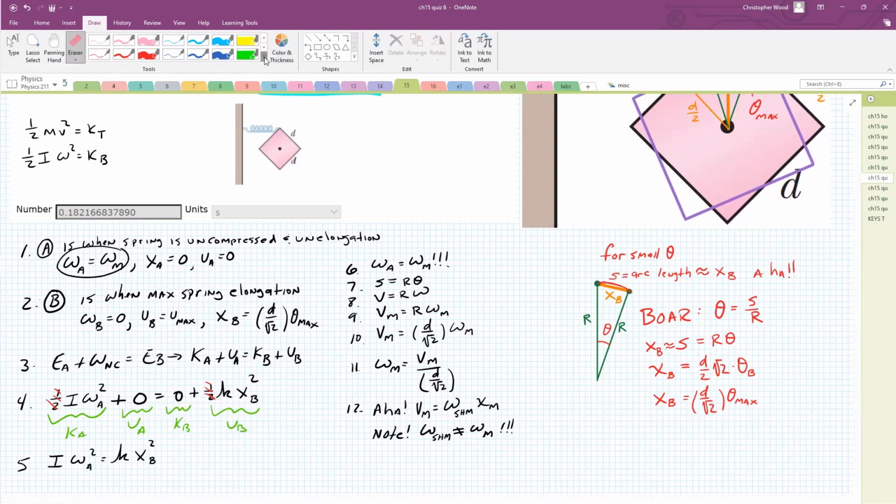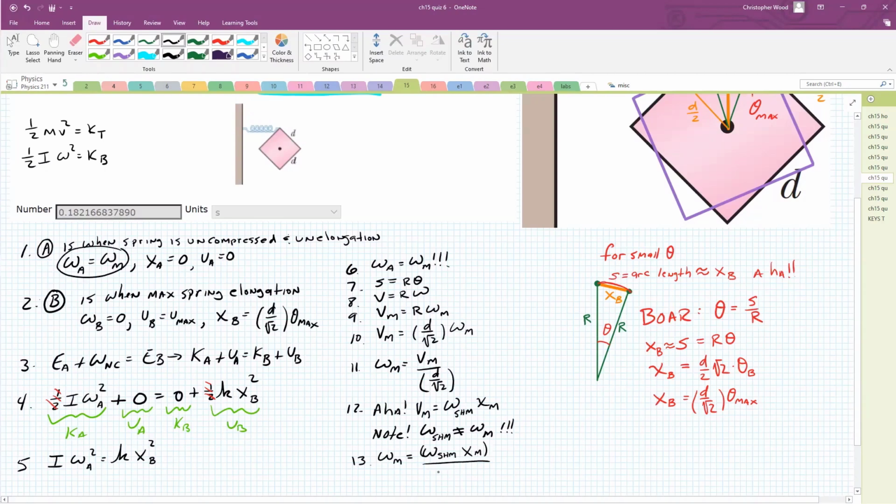Number 13. Okay. So omega max, that maximum angular velocity, not to be confused with angular frequency, is Vm. Here's Vm. Omega SHM times xm all over my arc radius, d over root 2.